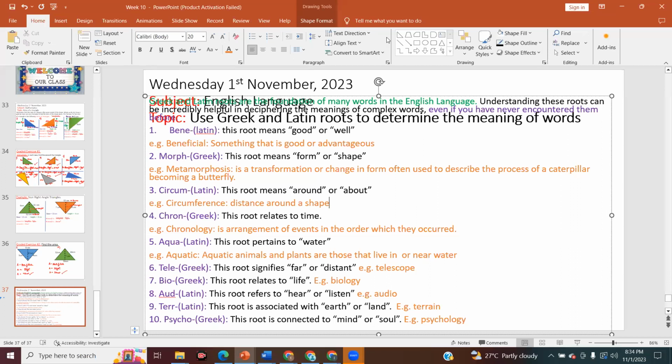All right. What I want you to do inside the chat is think about a word that has any one of these Greek or Latin roots in it. You could choose any one, and in the chat, write the word out.